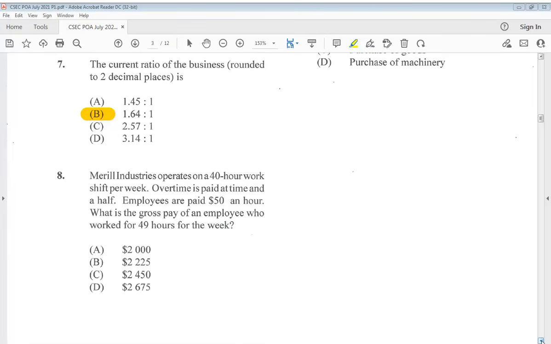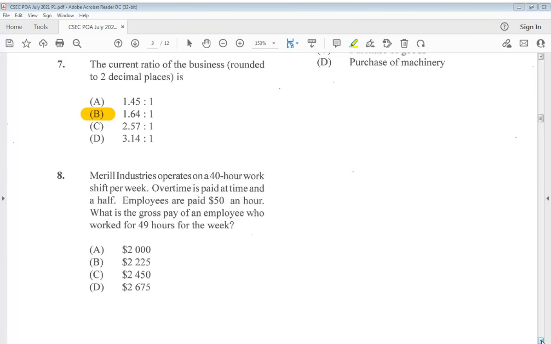It says Merrill Industries operates on a 40-hour work shift per week. Overtime is paid at time and a half. Employees are paid $50 an hour. What is the gross pay of an employee who worked for 49 hours for the week?